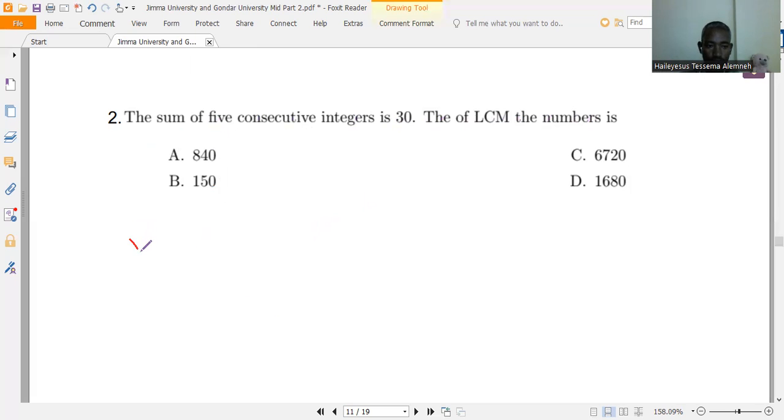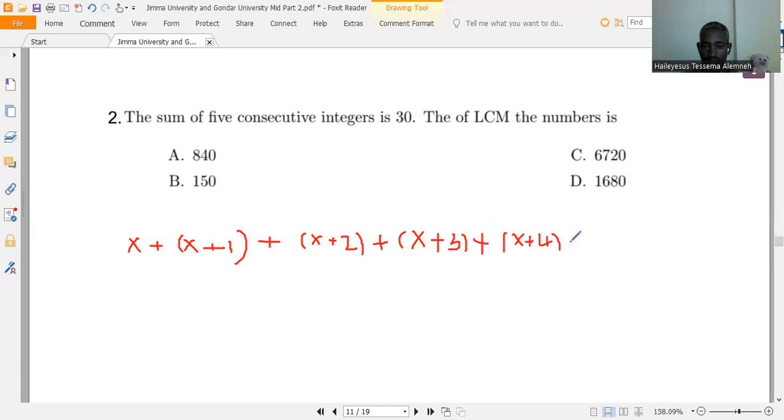So let's take the consecutive numbers as x, x plus 1, x plus 2, x plus 3, and the last one is x plus 4, which is equal to 30.